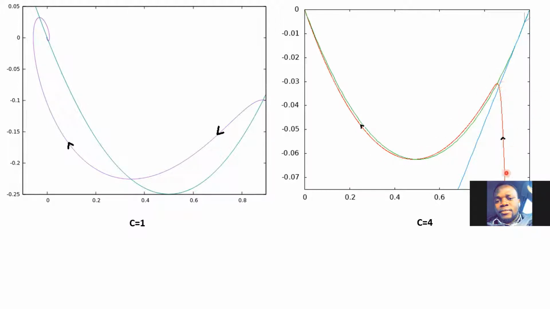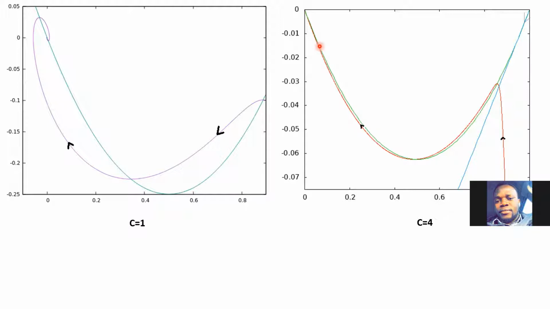In green again, you have the null line for c equals 4. Here the values of P are very small, and when you cross this null line, the orbit decreases with respect to P, and then you cross it again, and it increases and goes to (0,0). It's attracted by the stationary point (0,0).